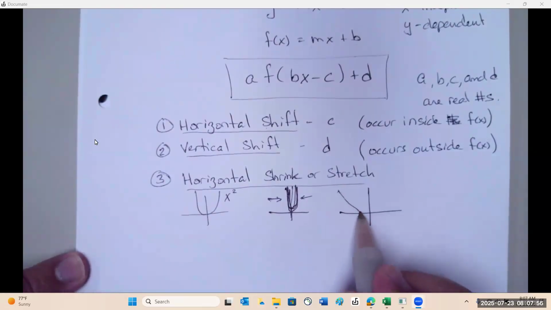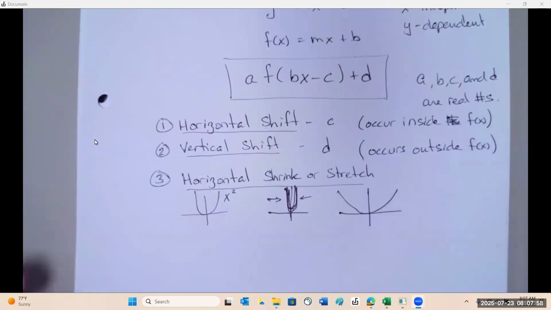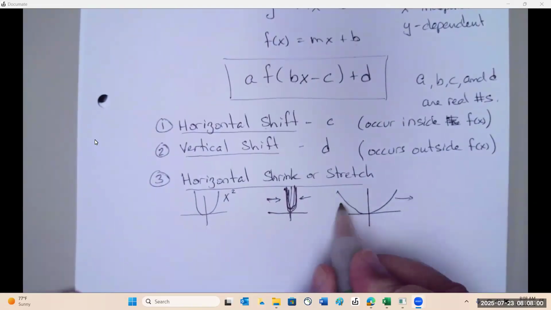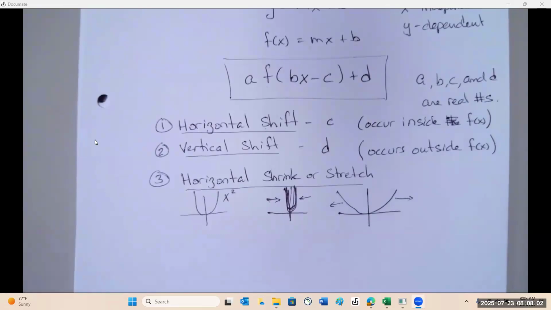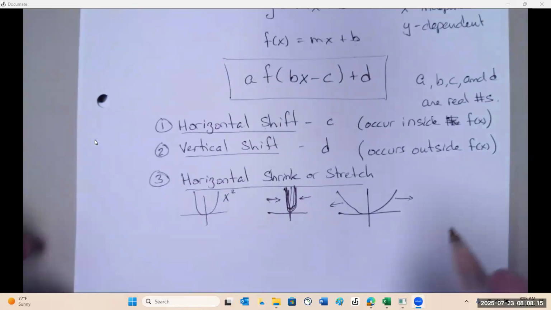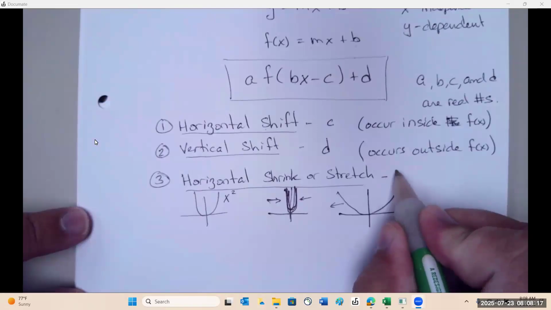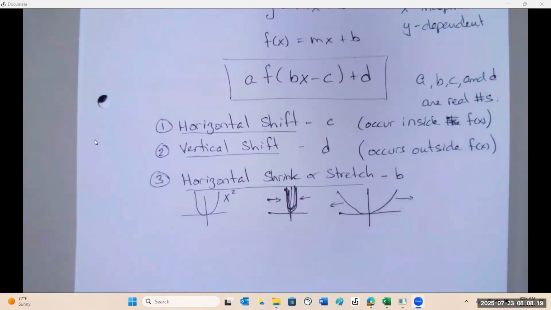And the stretch is I'm pulling it out this way. So that's what the changes are horizontally to the graph. And that is mostly what B does, the coefficient of x.